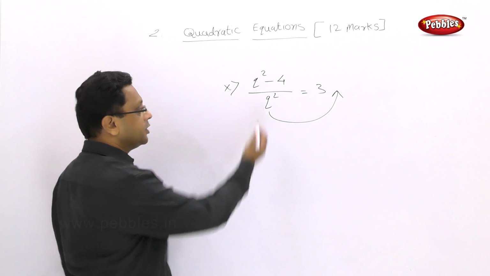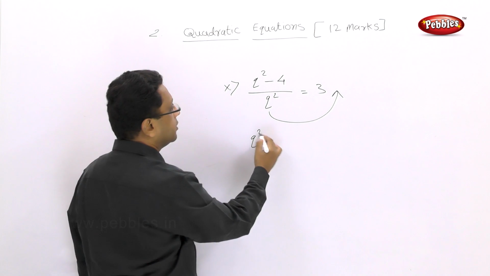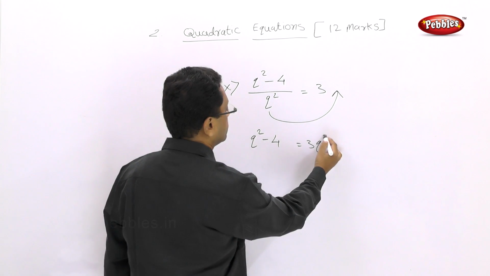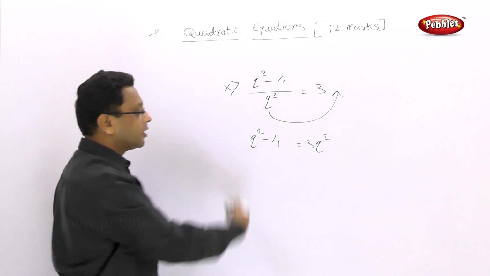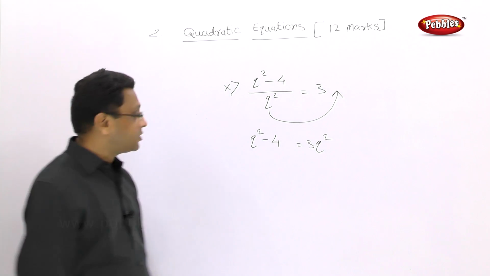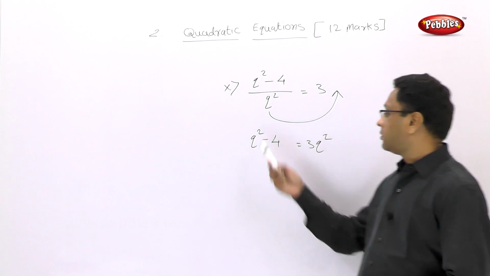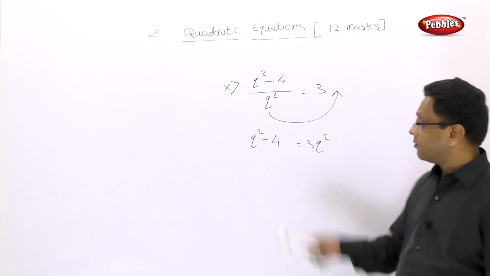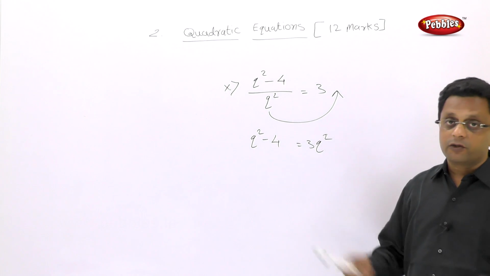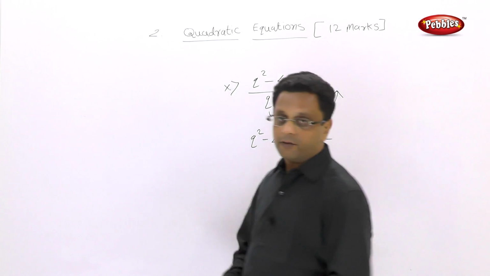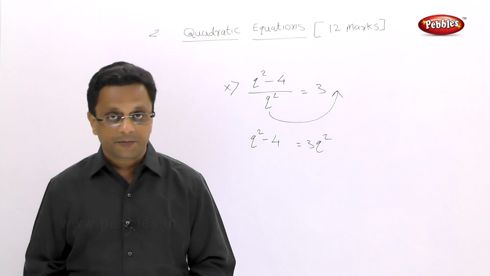So now your equation is q square minus 4 equal to 3q square. When this 3q square comes here, it will become minus 3q square, and ultimately you will get minus 2q square minus 4 equal to 0. So this equation is a quadratic equation, right?